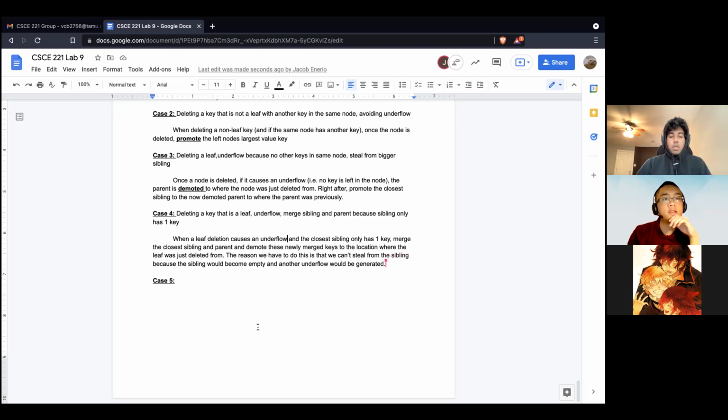Yeah, you can see that in an example. If you tried deleting 10 and moving it upward, we'd have an issue because 10 would be empty.